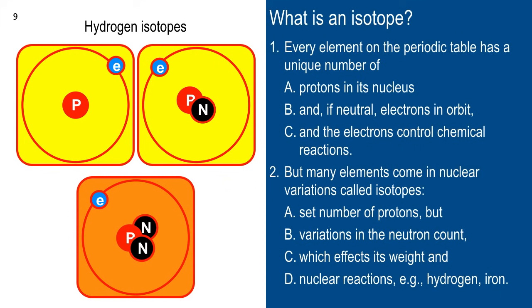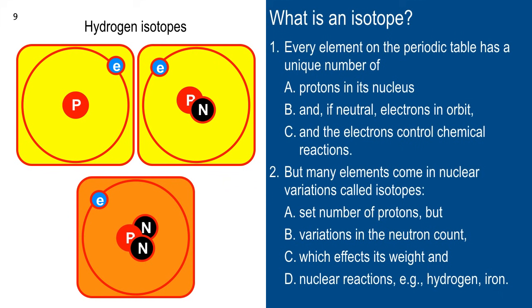Now we're going to do iron here in a second, but I want to finish up by looking at this orangey one at the bottom. That one has 1 proton, the red circle with the letter P, and this one has 2 neutrons in it. So in the nucleus there are 3 nuclear particles, or what we call nucleons. Let me spell that vocabulary word for you: N-U-C-L-E-O-N, nucleon.